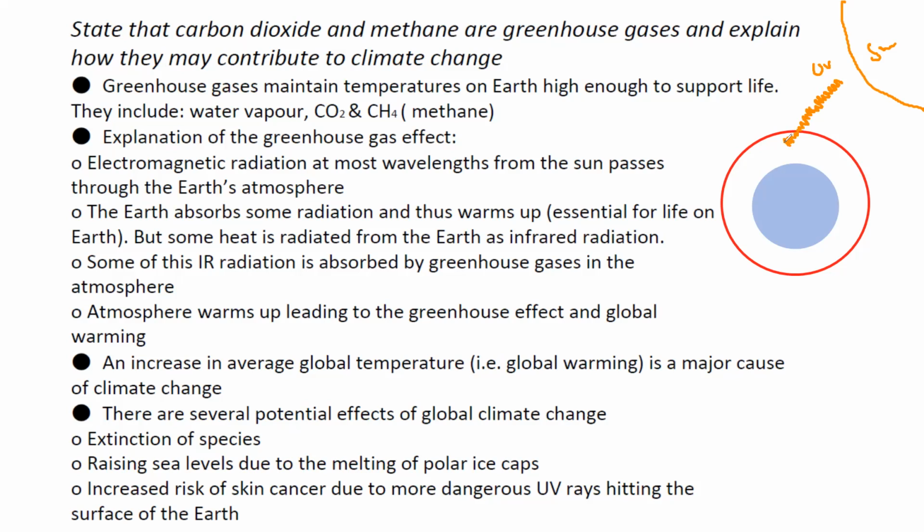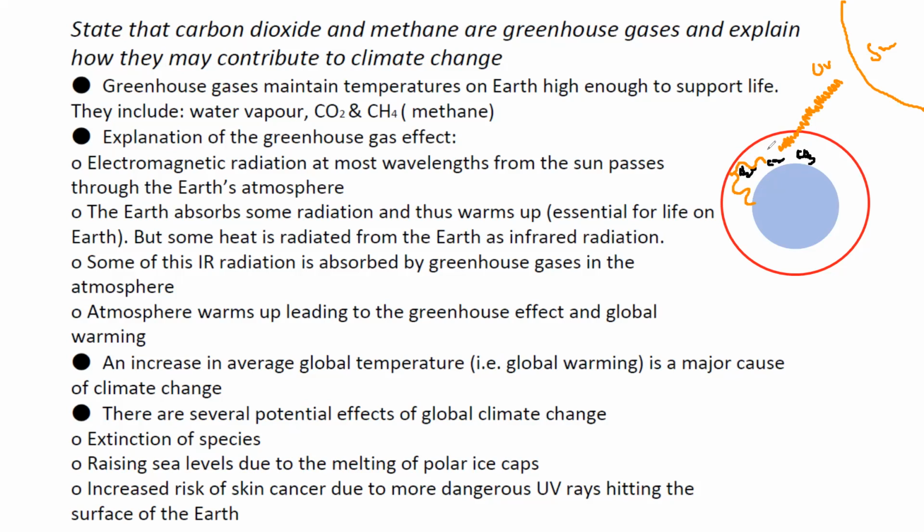When it enters the earth's atmosphere, in our atmosphere we have greenhouse gases, we have water vapor, which is a greenhouse gas, we have carbon dioxide, we have methane, which is CH4. When these gases absorb this UV or shorter wavelength, they re-radiate and they give out a longer wavelength. But the longer wavelength cannot go out from the earth's atmosphere. The shorter wavelength can go out from the earth's atmosphere.